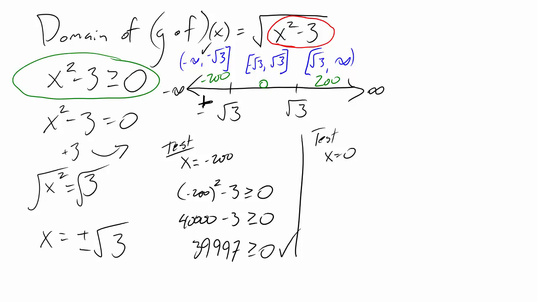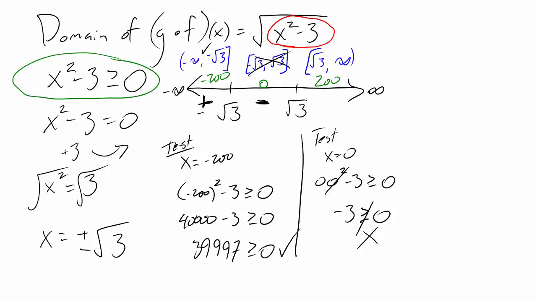So that gives us 0 squared minus 3, and we want that to be greater than or equal to 0, but it's not looking so good since 0 squared is just 0, and 0 minus 3 is negative 3, which is not greater than or equal to 0, so we cannot use this guy. So this interval gives us a negative result, so we cannot use that interval from negative square root of 3 to square root of 3.